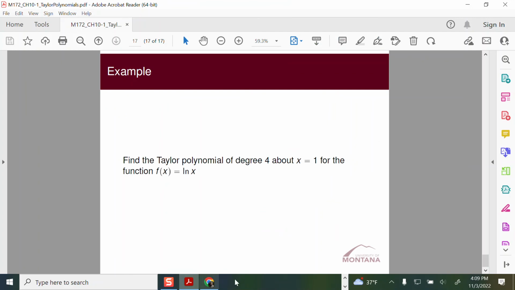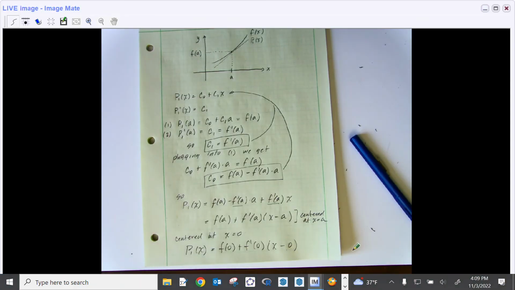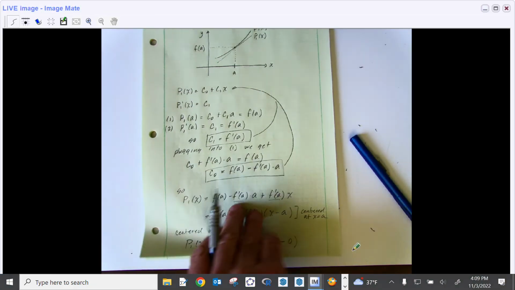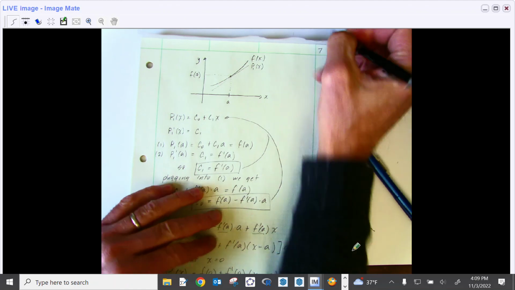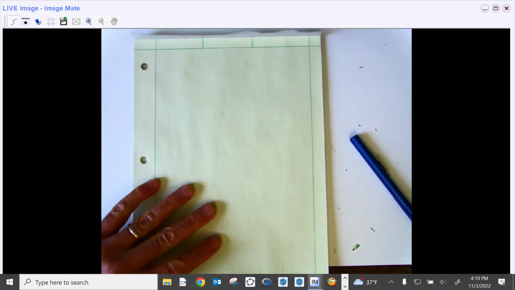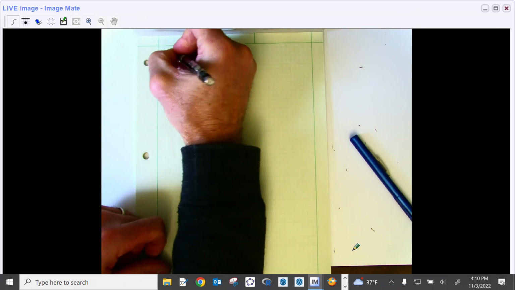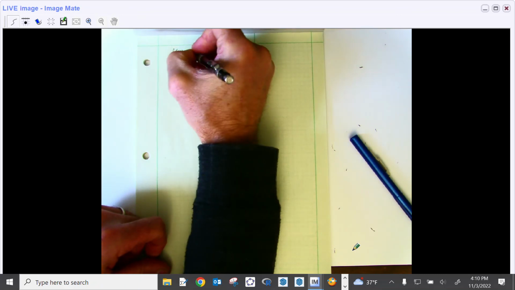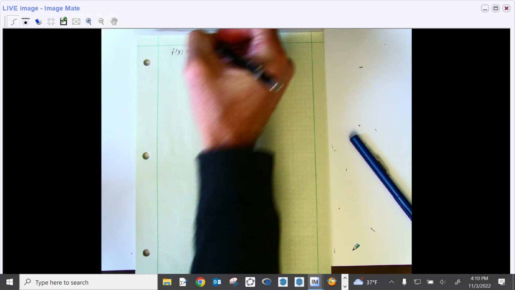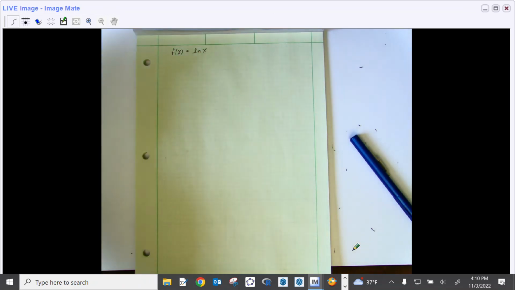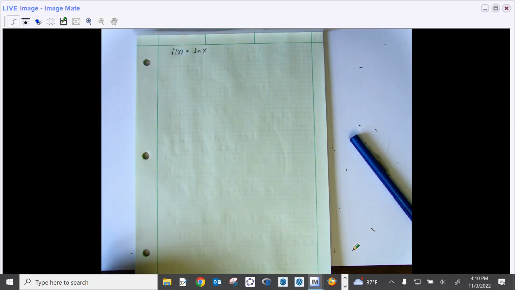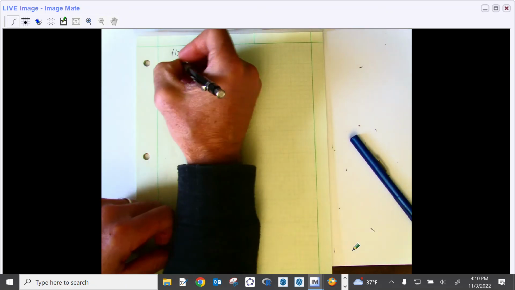So let's go about this now and see if we can use what we know here. All right. So f of x is going to be the natural log of x. We need a list of 4 derivatives here if we're going to do the fourth approximation.